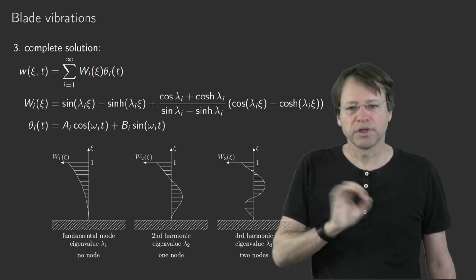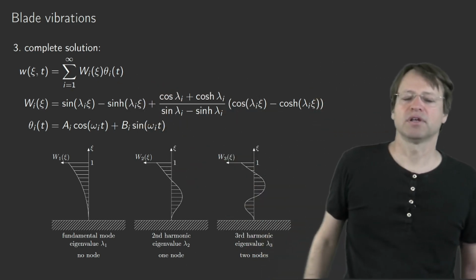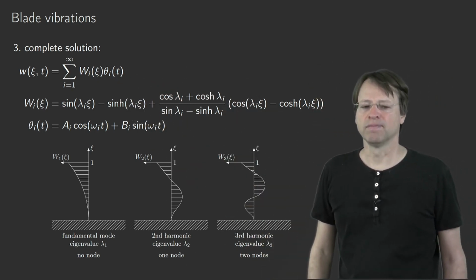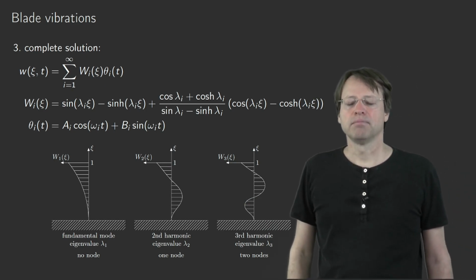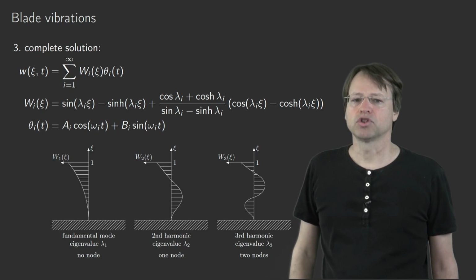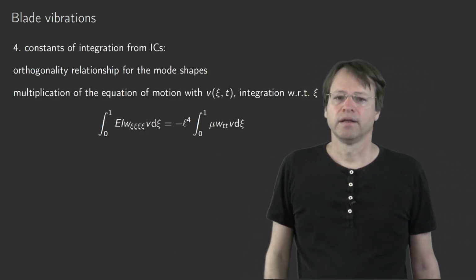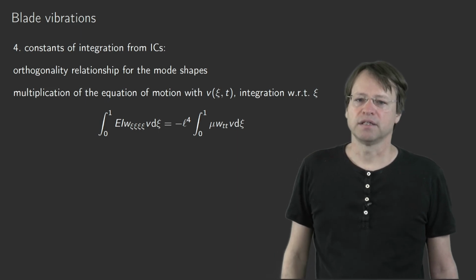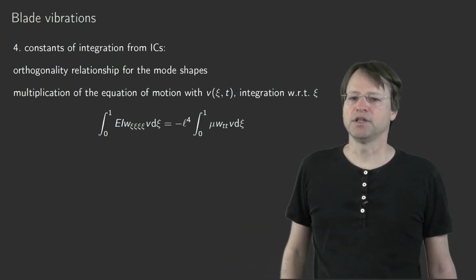But the crucial point is, do we have an orthogonality relationship for that function capital W? I will show that there must be orthogonality between these mode shapes. This is studied here by integration of our equation of motion.